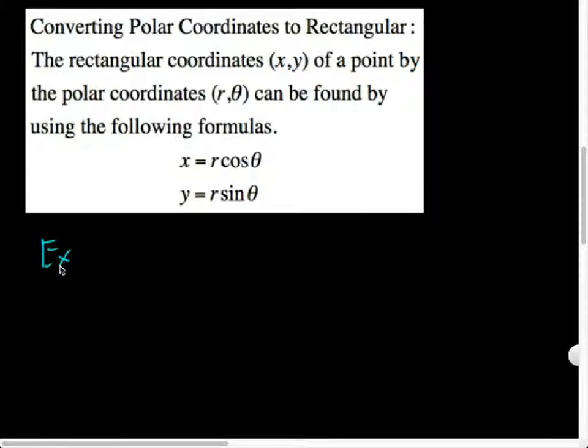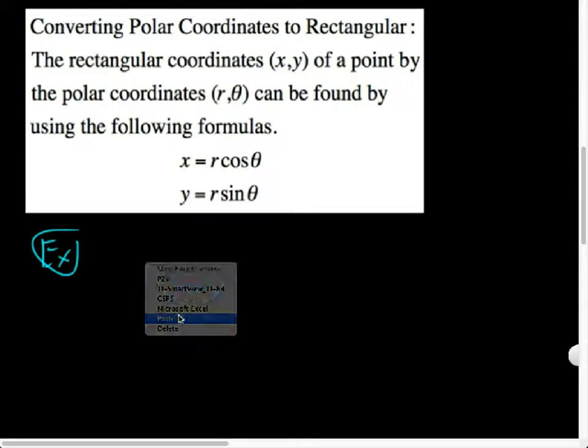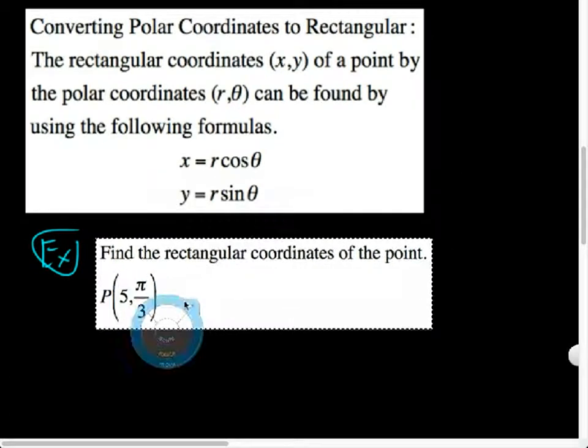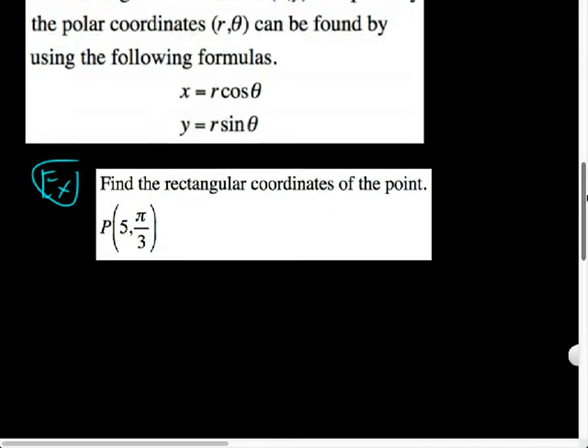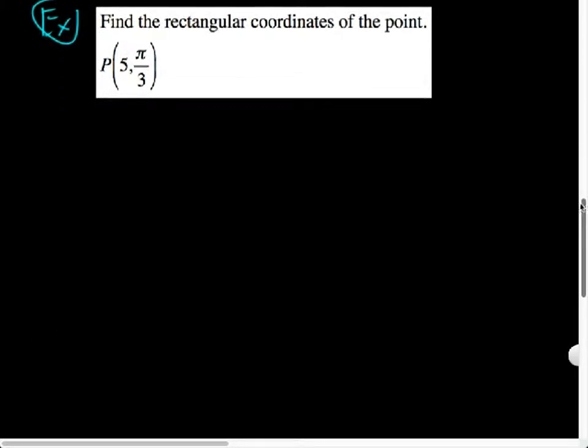Here's an example. Find the rectangular coordinates of the point 5 comma pi over 3. So r is equal to 5, theta is pi over 3. And if I want to find x, I've got x equals r times cos theta.